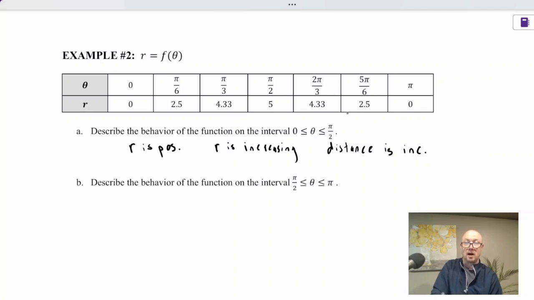So in this case here, r is still positive, but now r is decreasing. So in this case here, since r is positive and decreasing, the distance between the function and the pole is actually decreasing. We're getting closer to the pole. So distance is decreasing.